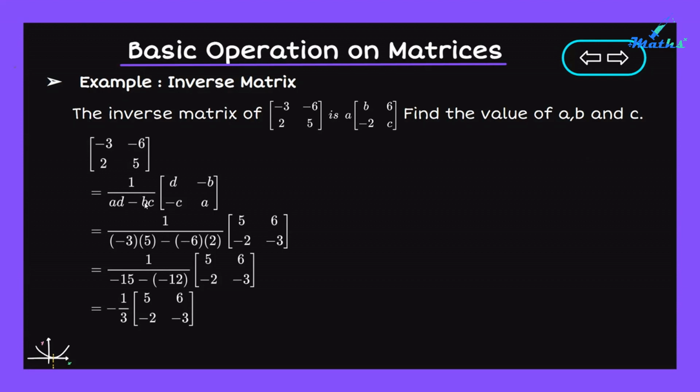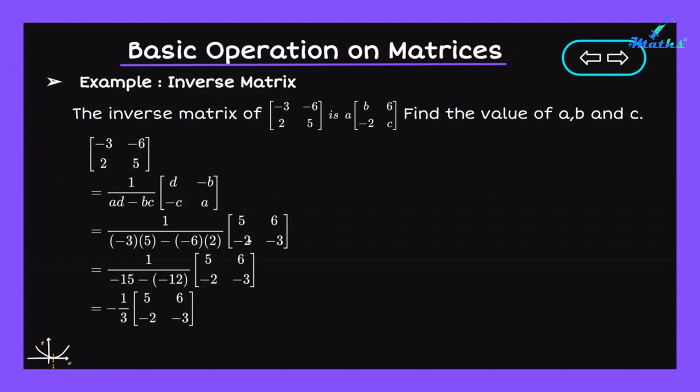1 over AD minus BC, so AD is negative 3 times 5, minus BC, which is negative 6 times 2. We don't take this part. The ABCD is from here, not here. And then for here, we just switch 5 and negative 3, switch place. And then for BC, we need to add negative. So if there's negative, negative is positive. So negative 6 times negative is positive 6.